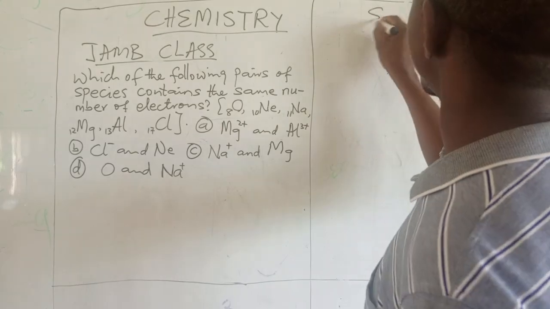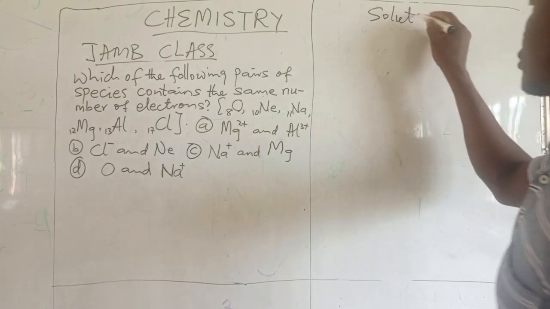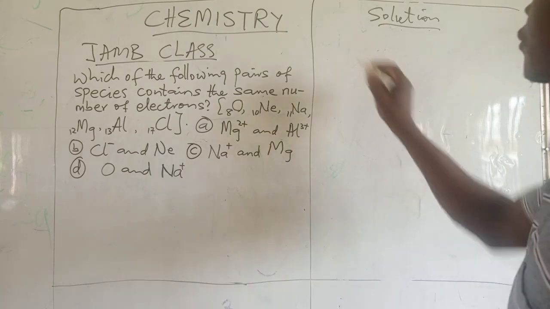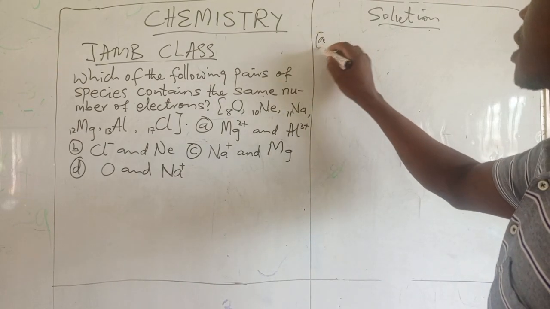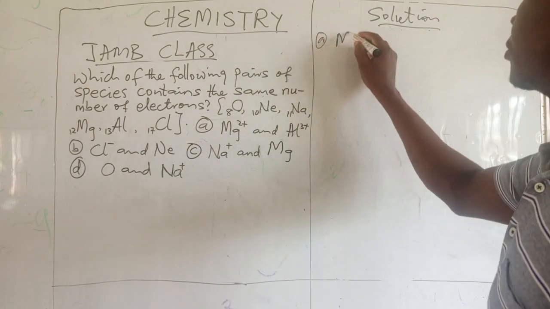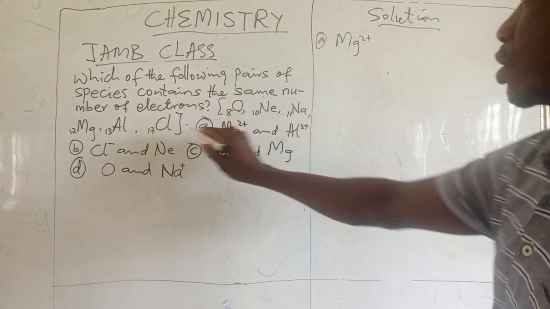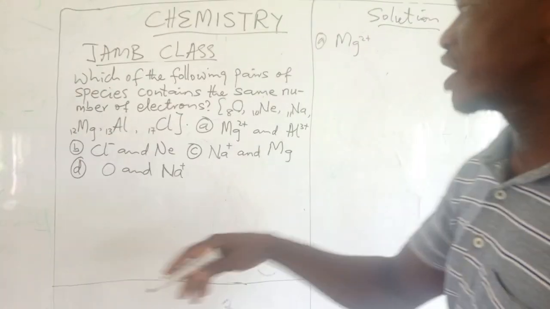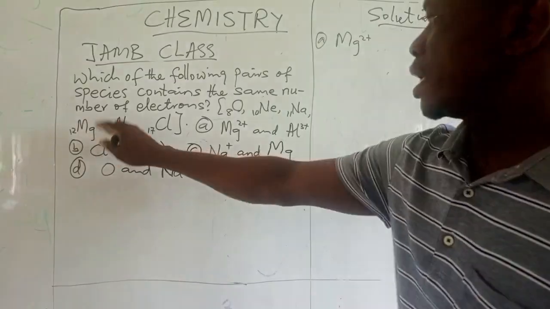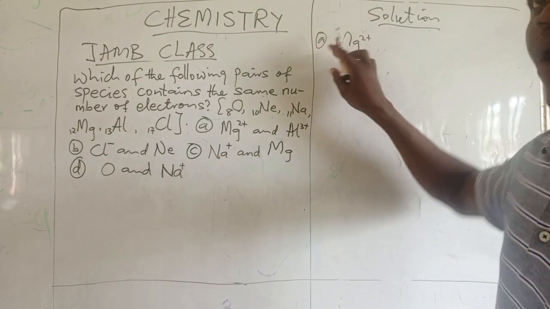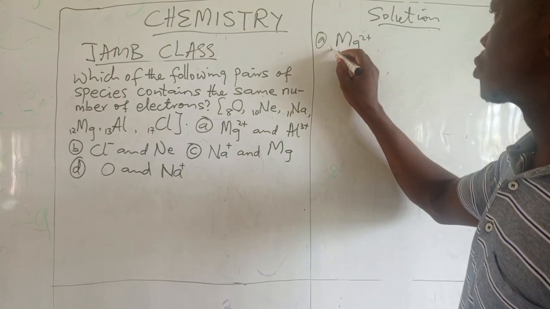So solution. Let's start with A. A says magnesium 2 plus. Remember the atomic number of magnesium is 12. In a neutral atom of magnesium, it has 12 electrons.